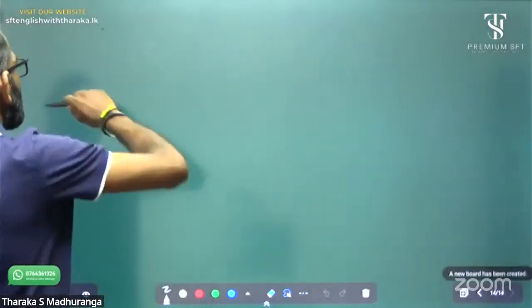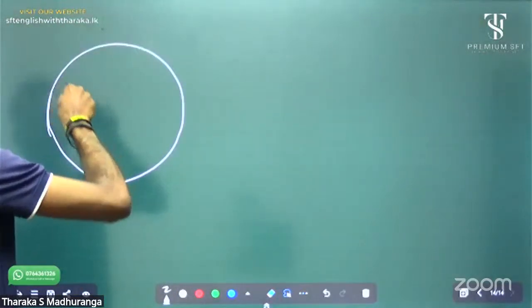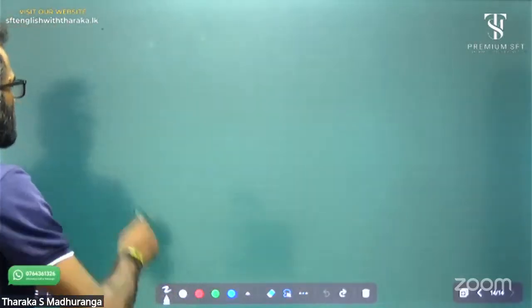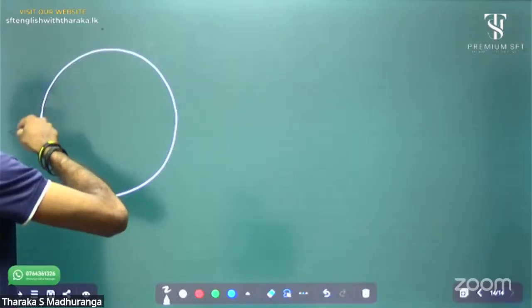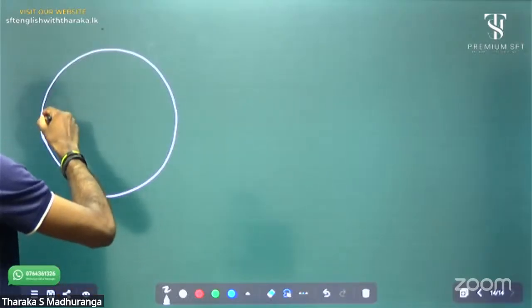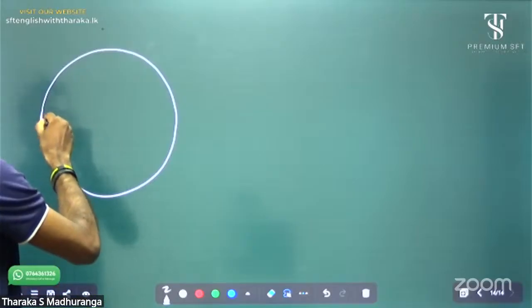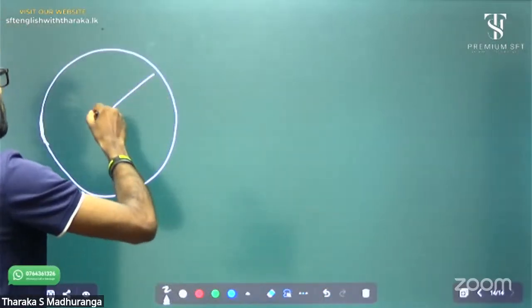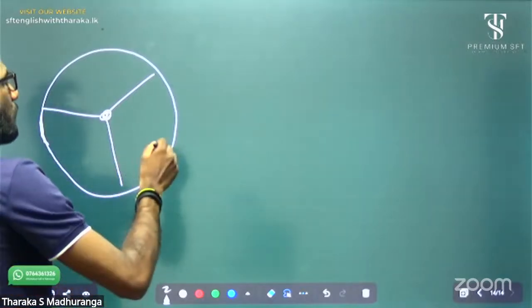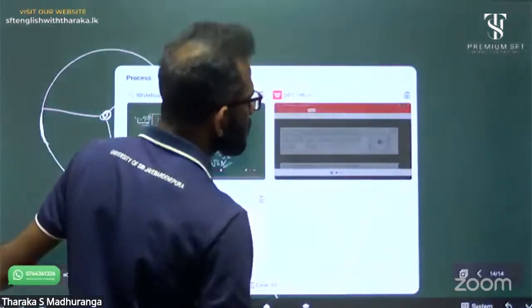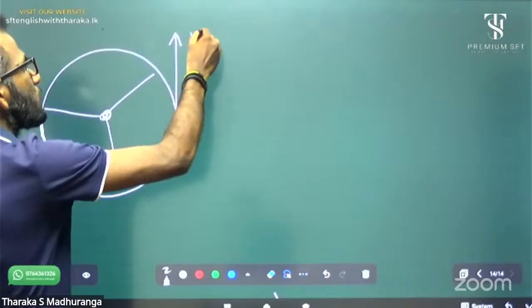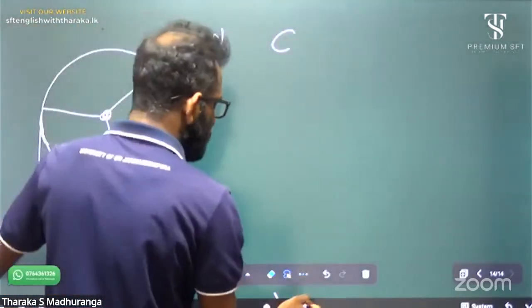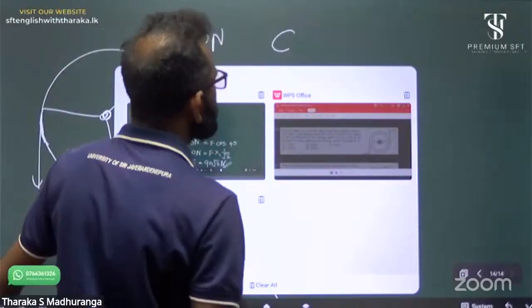Now this is the steering wheel, with a couple of 10 Newton forces acting. Circumference is given as 1.2 meters.